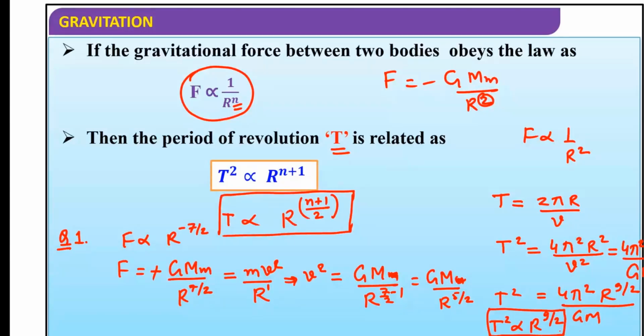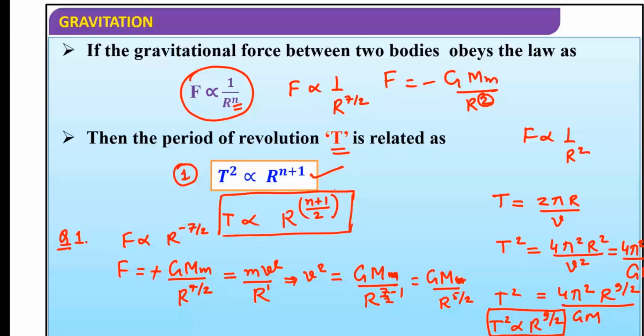Yes, sir. Okay. Remember that whenever these types of questions are there, either you can use this formula directly or you can use this complete procedure, because we are having this formula. Okay, it will be very easy. Let's say F here is given like this, R to the power n is 7 by 2.